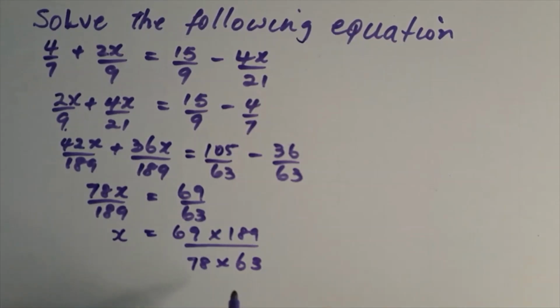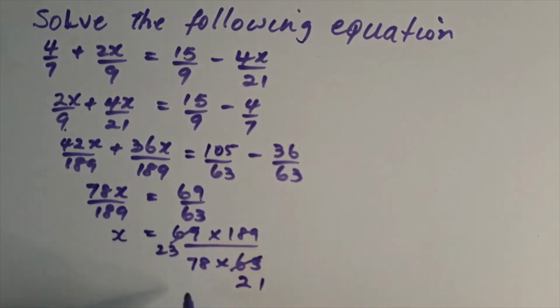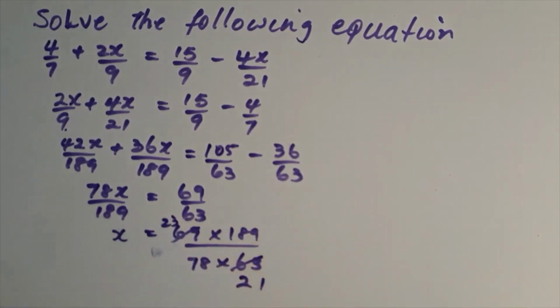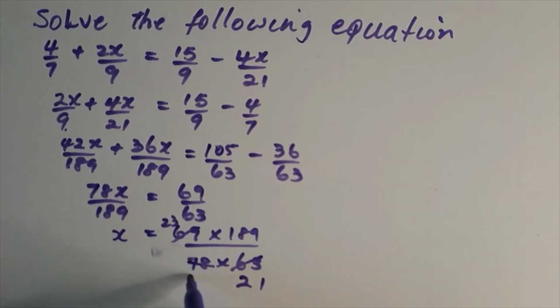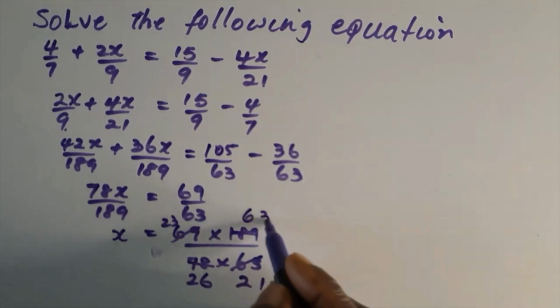Now, I've done a few cancellations. If you divide here by 3, we have 21, and 3 here will give us 23 above. Let's write it up above here, 23. If we divide by 3 here, 3, 2, 6, and 1, 3, 6 is 18, and this becomes 63.